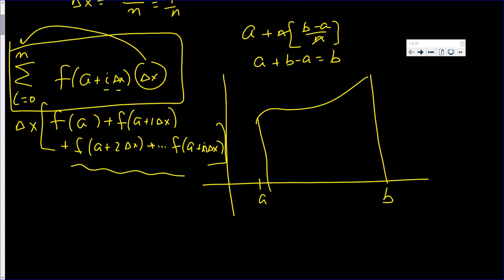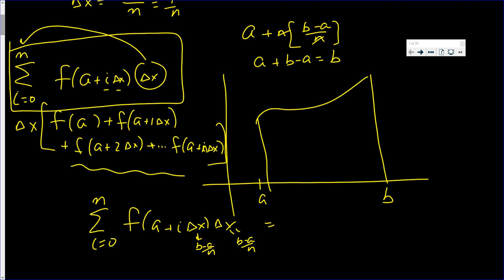Now what we're going to do is take this formula, f of a plus i delta x times delta x, where delta x is b minus a over n. So it's really the summation as i goes from 0 to n of f of a plus b minus a over n times i, times delta x, which is b minus a over n.